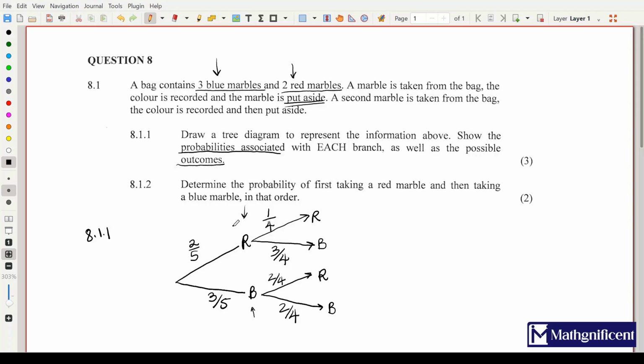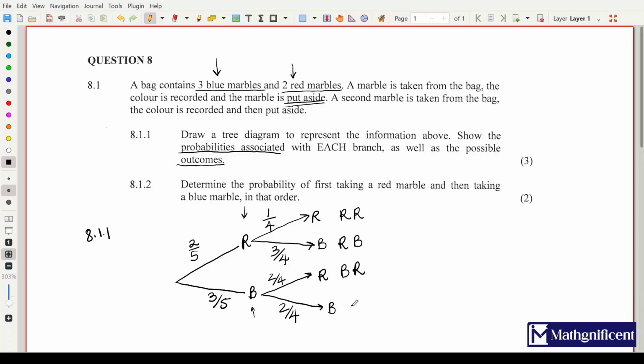Our possible outcomes are that the first ball can be red and the second ball can also be red, or the first ball can be red and the second ball a blue ball. The other outcome is that the first ball is blue, then a red ball.